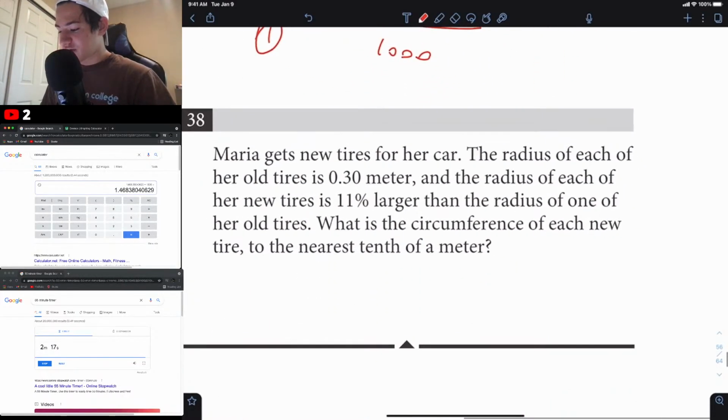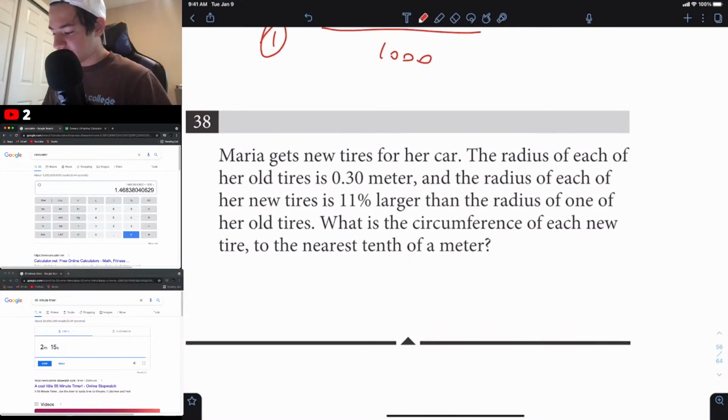Okay. Maria gets new tires for her car. The radius of each new tire is 11% larger than the radius of each old tire. What is the circumference of each new tire? So the radius is 11% larger, so that's 0.3 times 1.1. That's going to be 0.33. What is the circumference of each new tire to the nearest tenth?